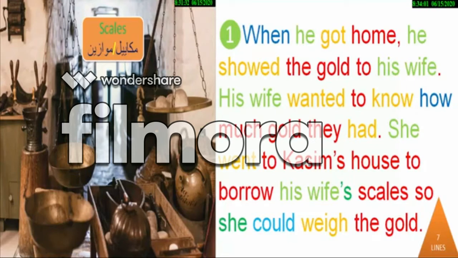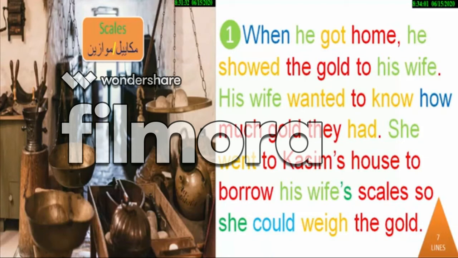wanted أرادت to know أن تعرف how much gold كمية how much. This is a question about the quantity عن الكمية how much gold they had كم لديهم من أو كم يملكون الآن they had كم لديهم من الذهب.